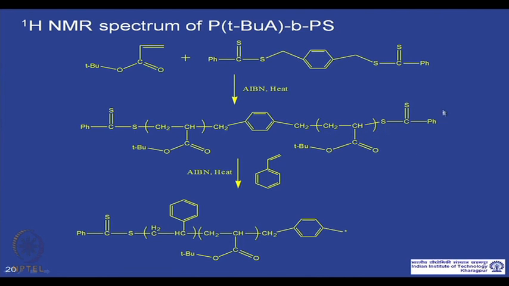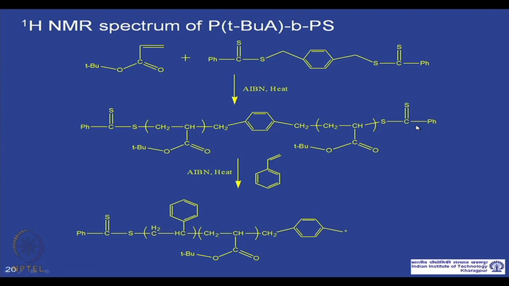Now, from this we can get the molecular weight of the first block, and then when we react it with another monomer, in this case styrene, we can make a block of polymer. This is the way we synthesized a block copolymer of tertiary butyl acrylate and polystyrene.